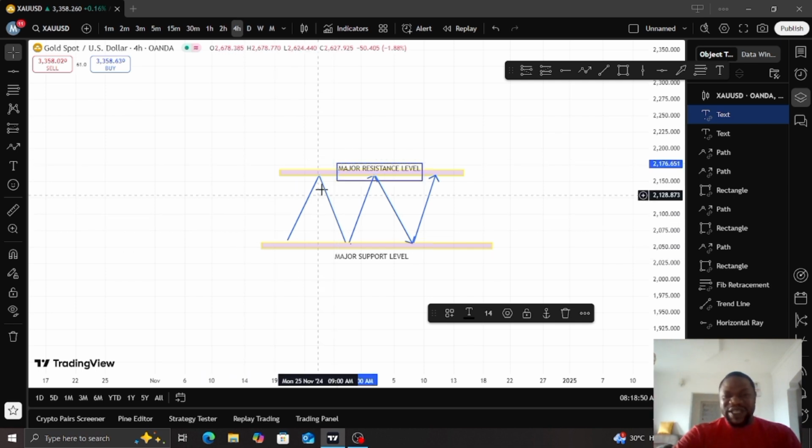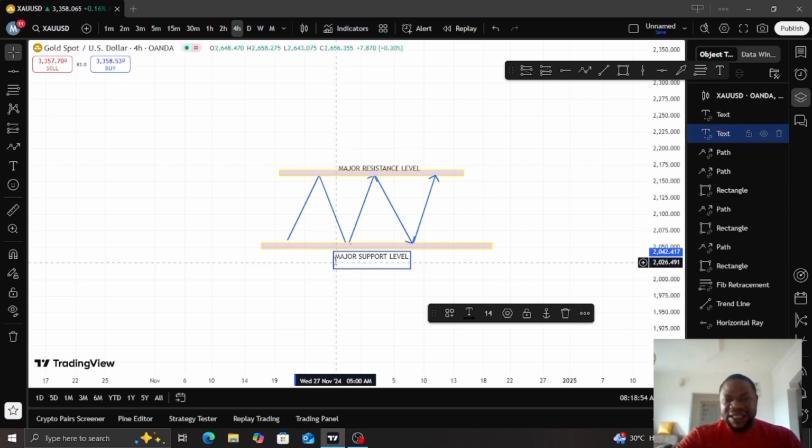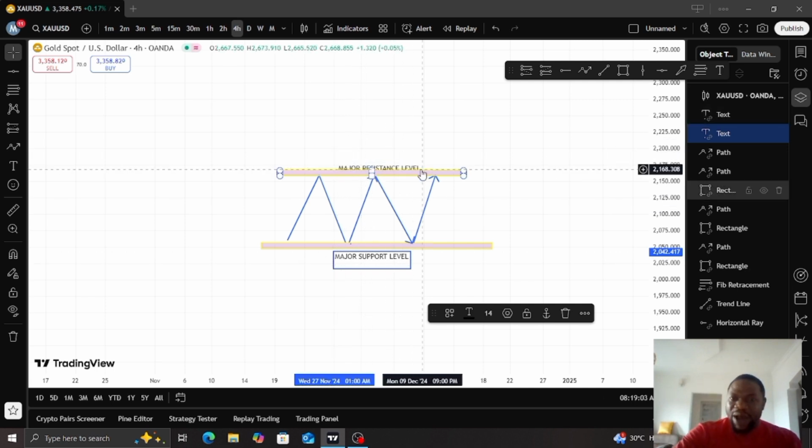So I hope this is understood. So we have here as what? We have here as our major support level, and here we have it as our major resistance level. So I hope this is understood.